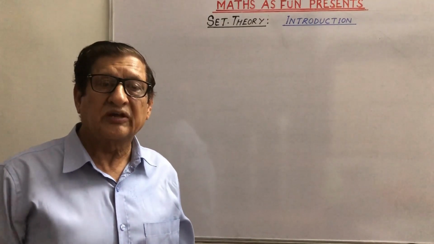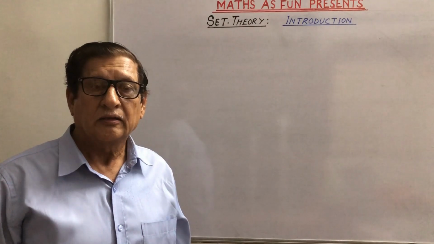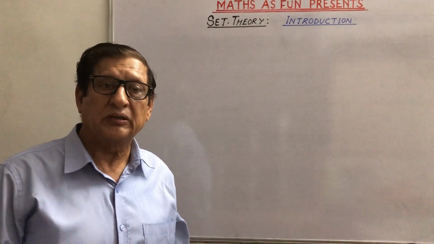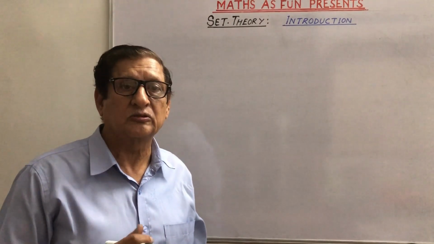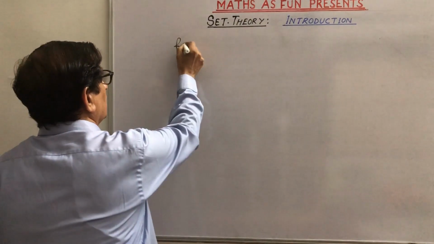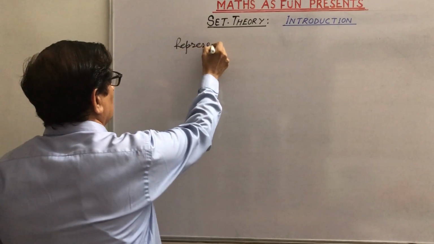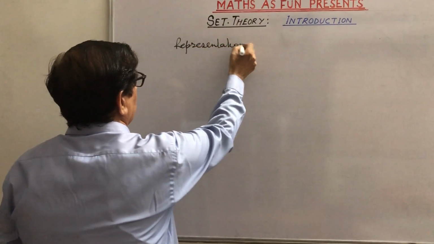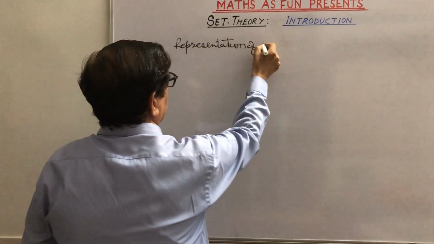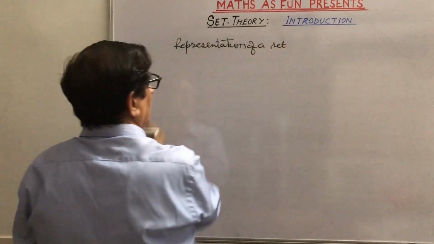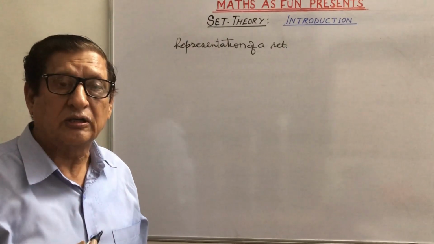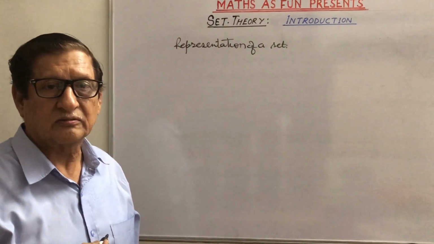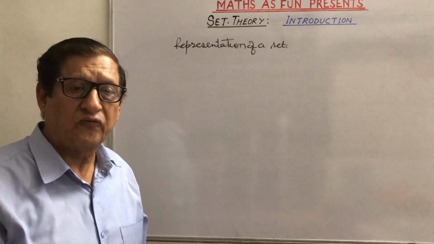After learning about the definition of a set, and about the collections which can be represented as a set, let's learn about the representation of a set. A set can be represented in two different forms.